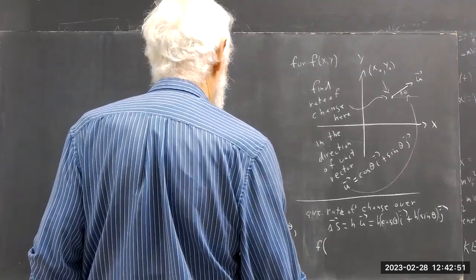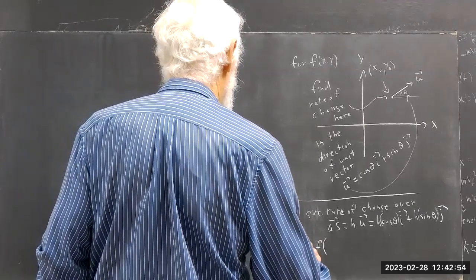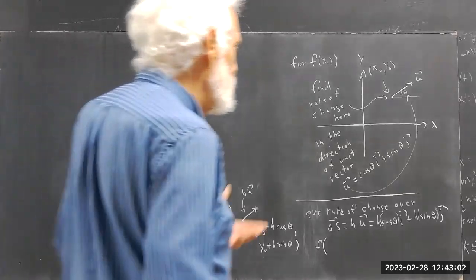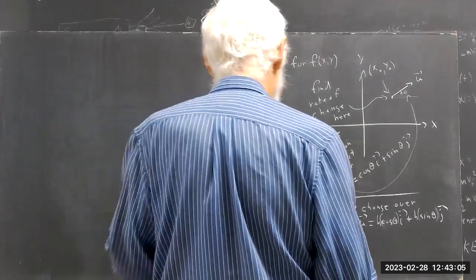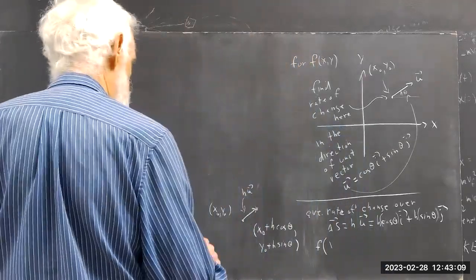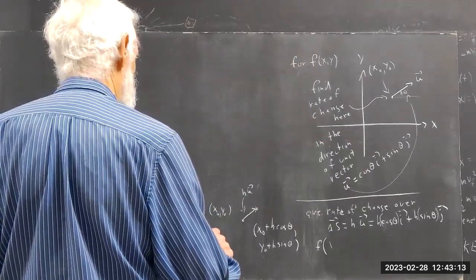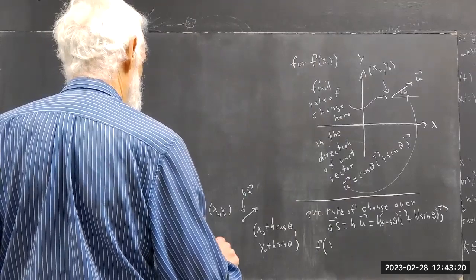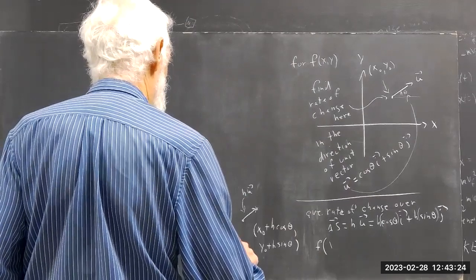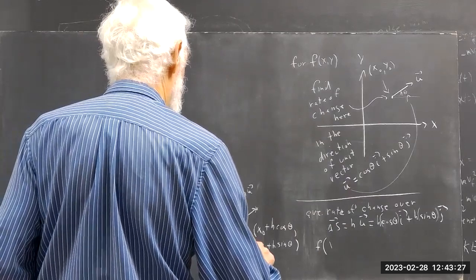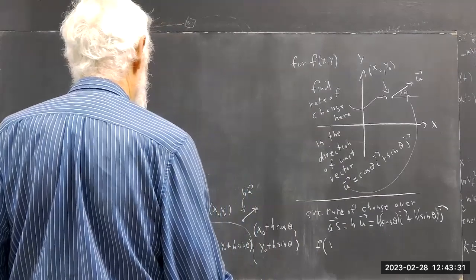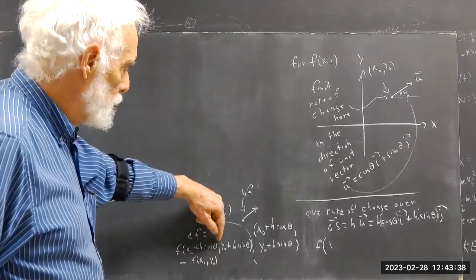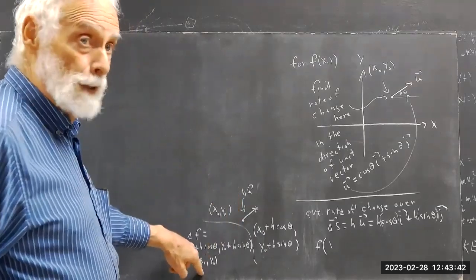And y naught plus h sine theta. Okay. So that the average rate is, well, the change in f is f of x naught plus h cosine theta, y naught plus h sine theta, minus f of x naught, y naught.